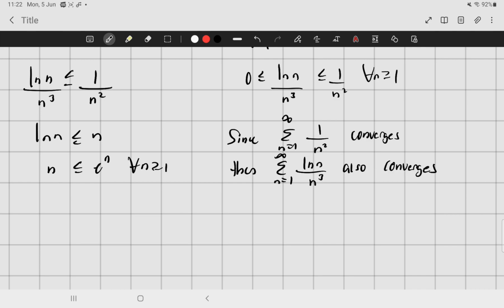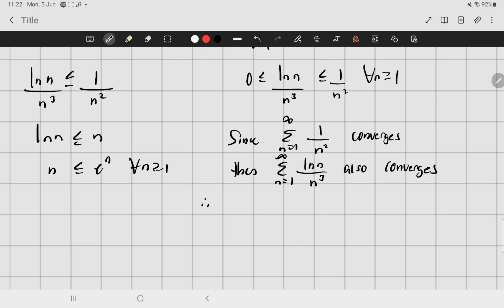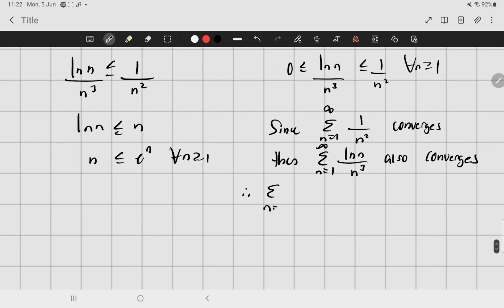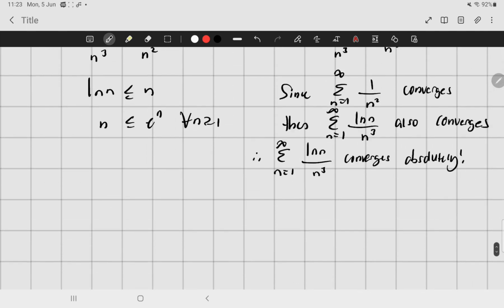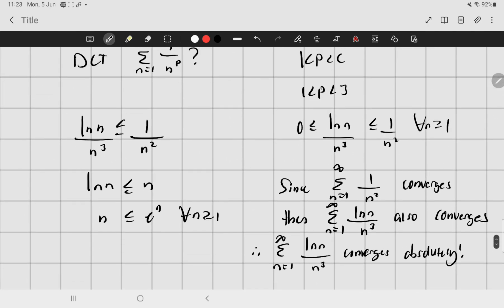It implies that it converges absolutely. So therefore, this series we have here converges absolutely. Very nice. Okay, is it correct? It should be. It should be correct.